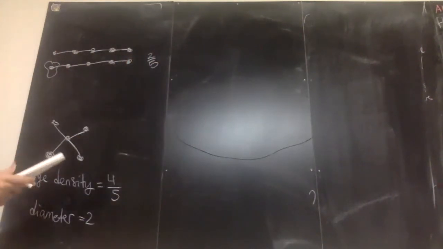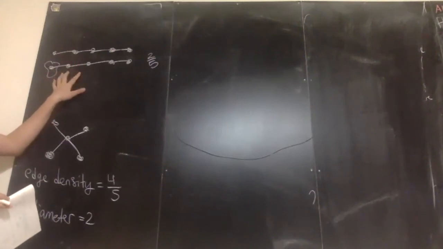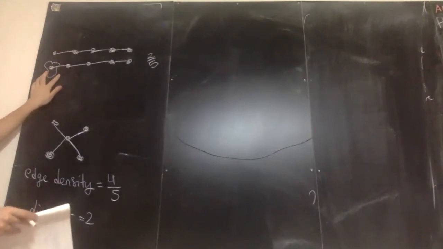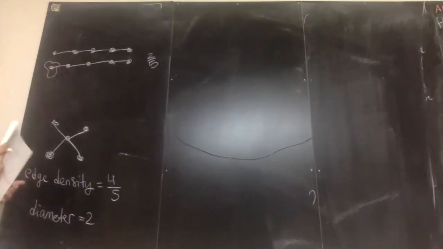I take the mean and the variance of this graph specifically with this node as our initial infected node, and I multiply it by 2/5.